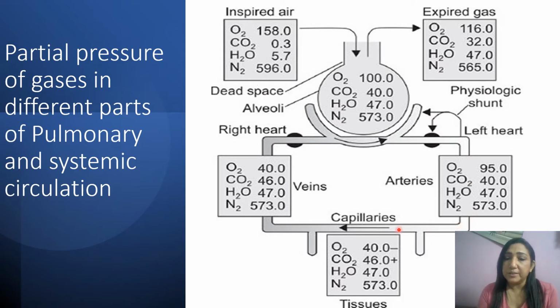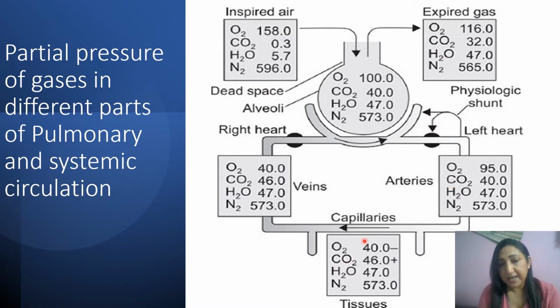Coming to the systemic circulation, from the capillary, the oxygen is released to the tissue and the carbon dioxide is taken up by the capillaries. So in the tissue, after releasing or utilizing the oxygen, it becomes very less, 40 millimeter of Hg, and after metabolizing, the carbon dioxide level is higher, 46. From 40 it becomes 46.